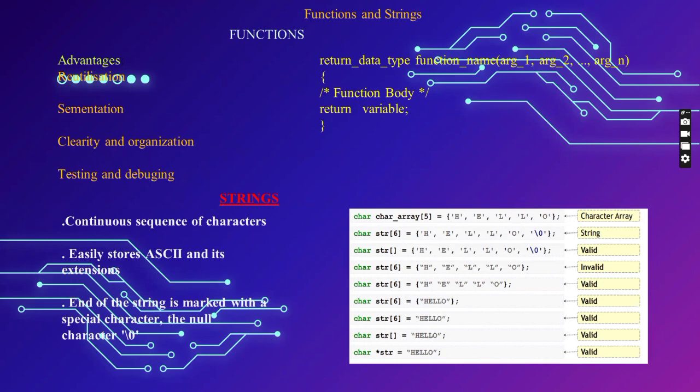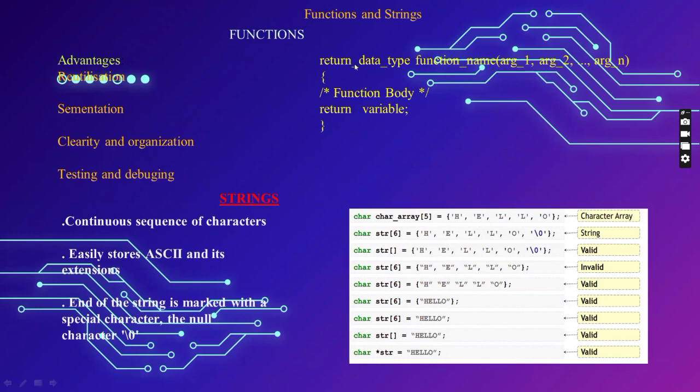Functions help in segmenting, dividing a complex block into simpler segments. It helps to make instructions clear and also organized. It makes the program very clear. Then we have testing and debugging. Dividing programs into functions helps in testing and debugging, making it very, very simple.